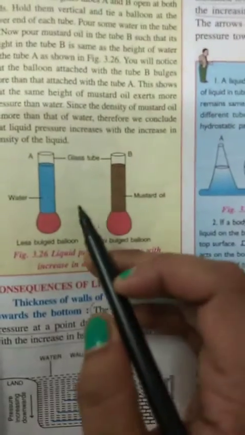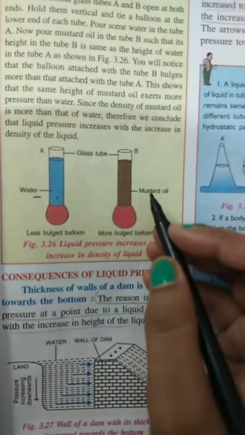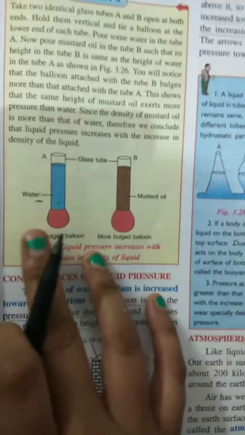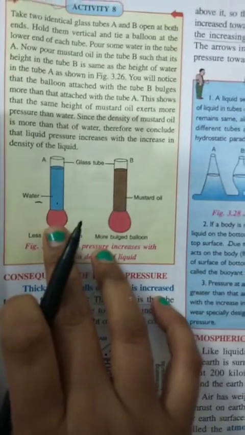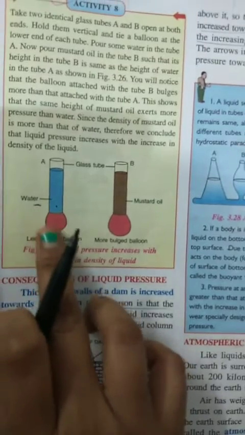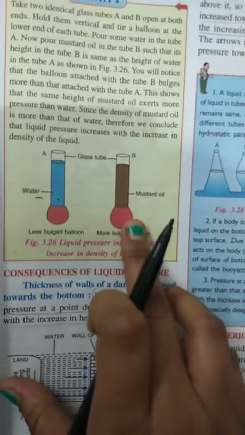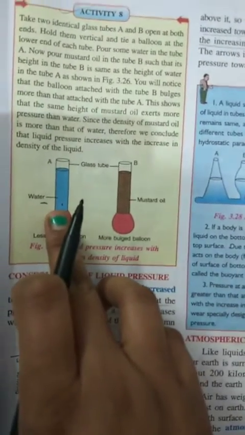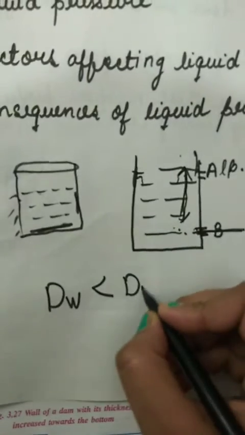Now class, if you take two glass tubes and fill the first glass tube with water and another glass tube with mustard oil, or anything like gasoline or alcohol besides water, and fix balloons in both of the glass tubes, you will see that the balloon kept at the bottom of the water will bulge less than the balloon kept at the bottom of mustard oil, because the density of water is less than the density of mustard oil.